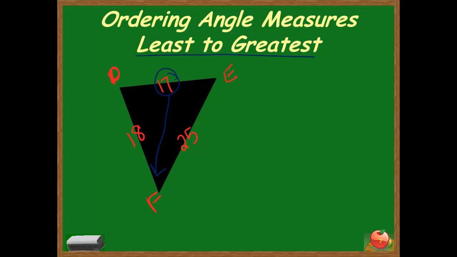So my least, the smallest angle, is angle F. Then I have angle E. That one's next. And last, the biggest one, is angle D. These are from least to greatest.